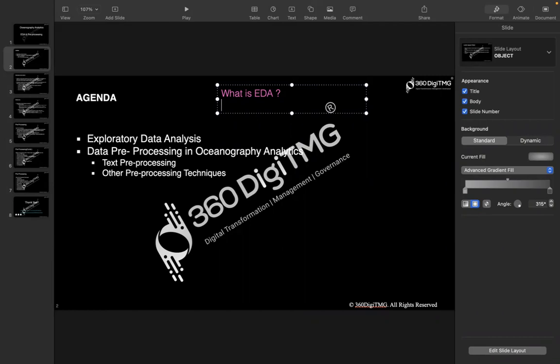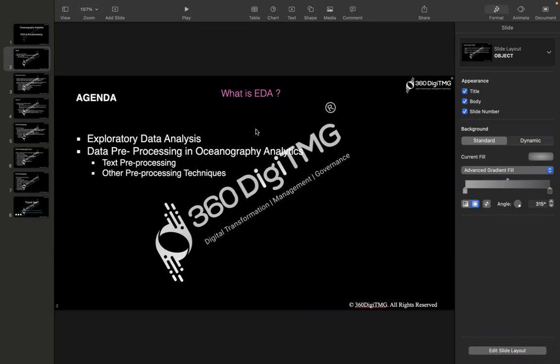It is used by data scientists and data analysts to analyze and investigate data sets and to summarize their main characteristics, often employing data visualization methods. This is an easy way to define EDA.